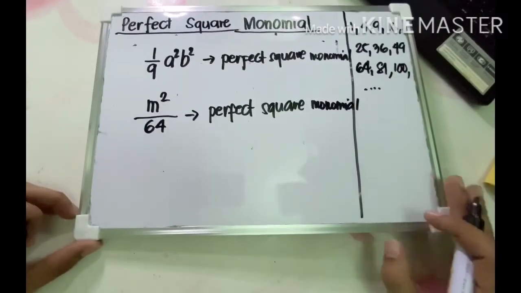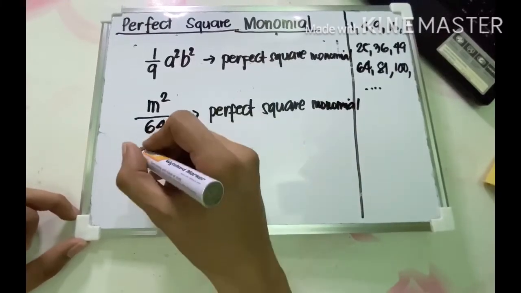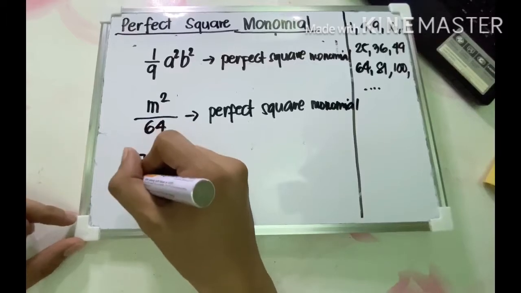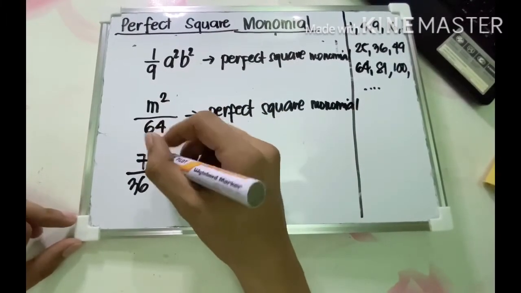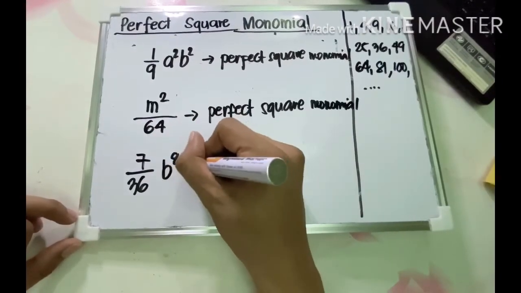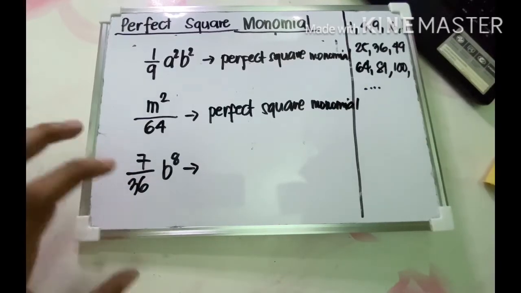Okay, we have the last example. We have 7 over 36 b raised to 8. Okay. In this example, we have a fraction again.